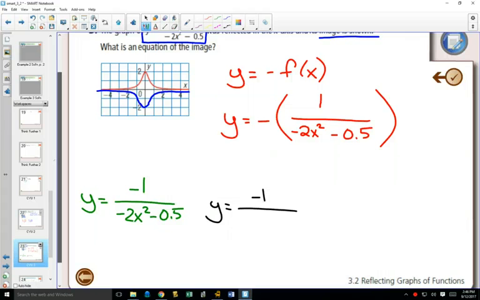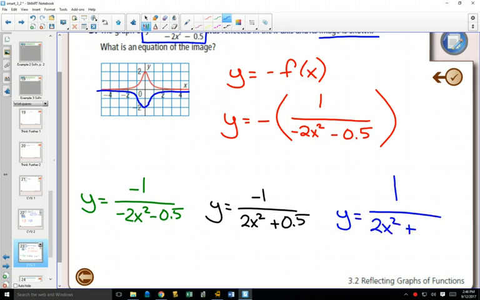So I get negative 1 on the top, and I'm going to distribute it on the bottom, and I'll get negative 1 over 2x squared plus 0.5. And option 3, I'm going to take that negative and just multiply it on the bottom. So I'm going to get 2x squared and distribute it just like I did on the last one, 2x squared plus 0.5.